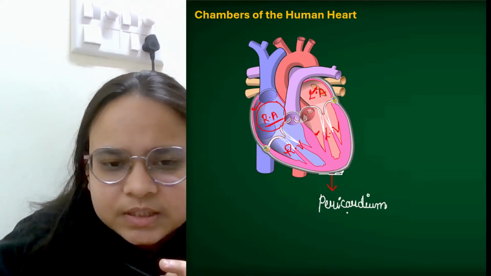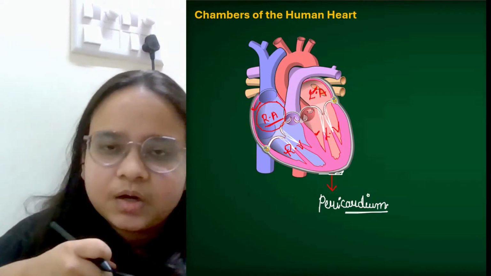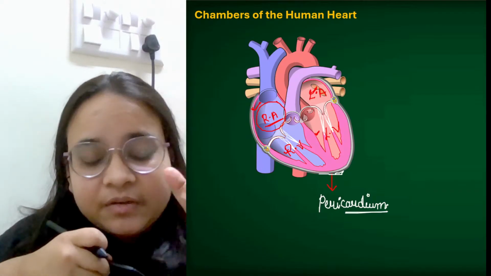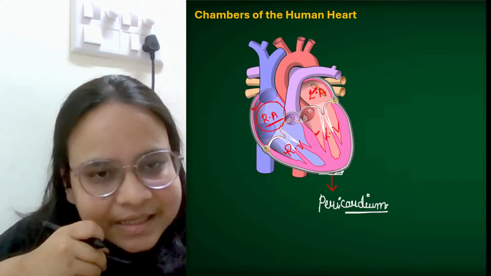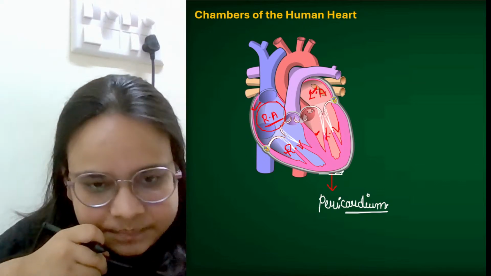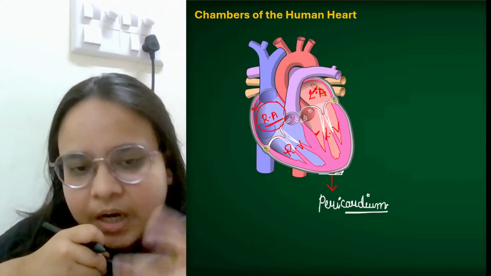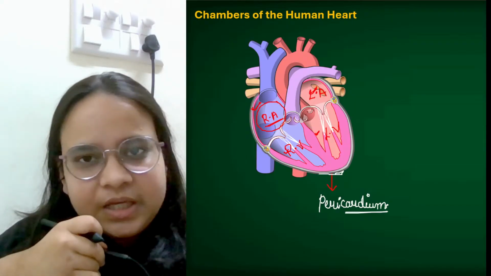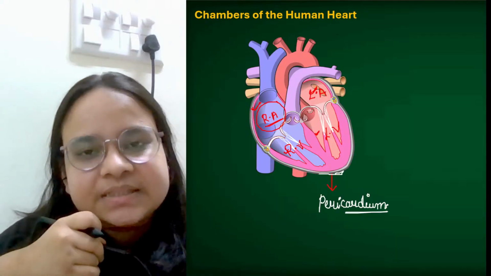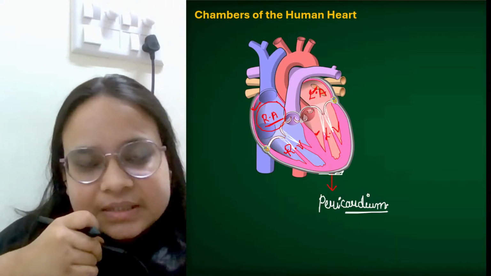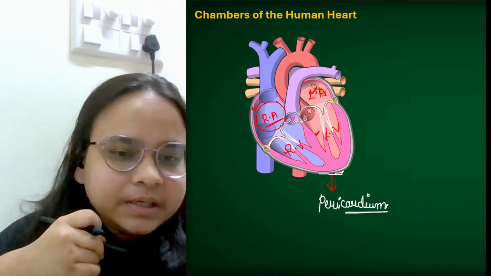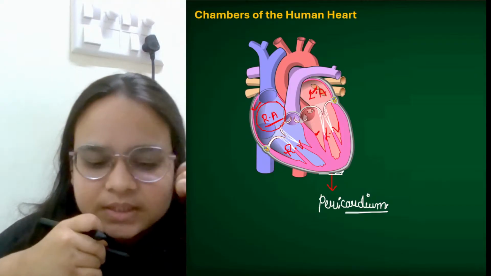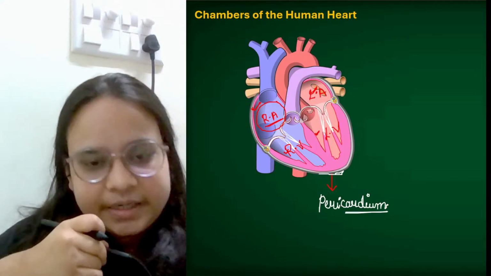Whenever we use the term cardium or cardiac, we are specifying anything related to the heart. Just as we use renal for kidneys, pulmonary for lungs, and hepatic for liver, for the heart we use the term cardiac.